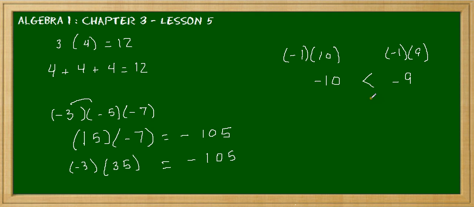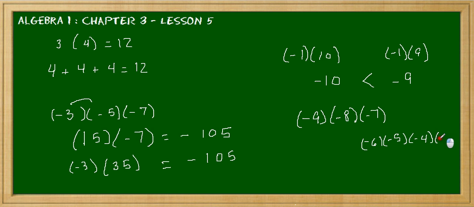I see negative 9 times negative 8 times negative 7. And then I have, let me write it over here underneath, negative 6, negative 5, negative 4, and negative 3.